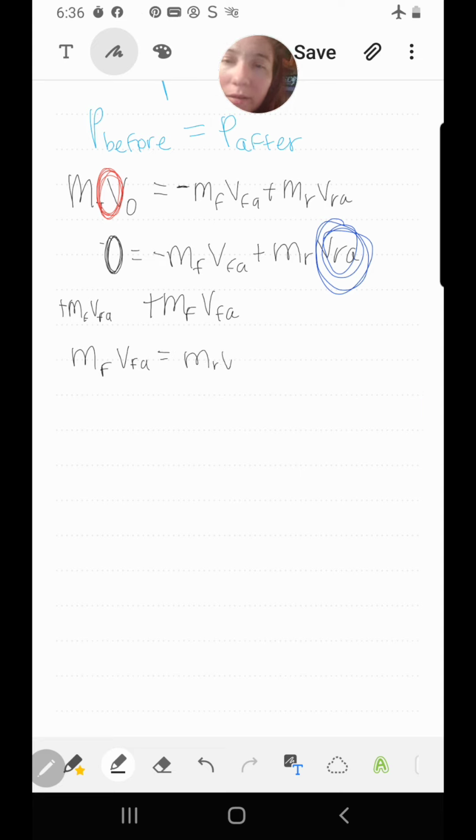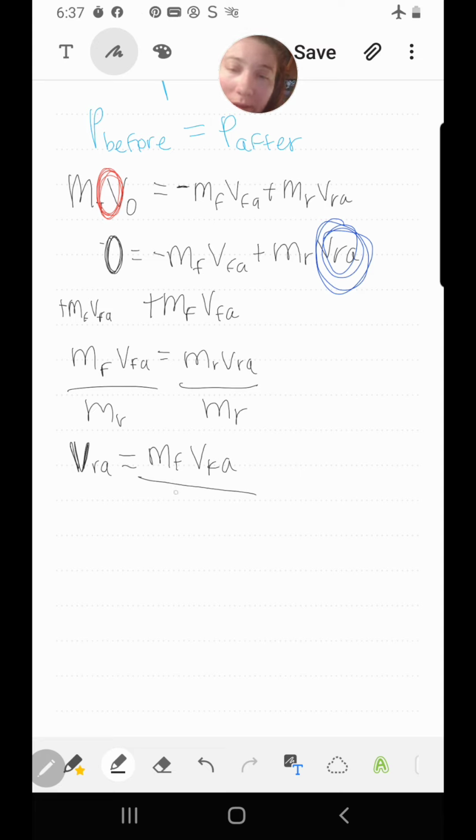And then we just divide by the mass of the rocket to get its velocity isolated. Okay, so we have our problem. The velocity of the rocket is equal to the mass of the fuel multiplied by the velocity of the fuel over the mass of the rocket.